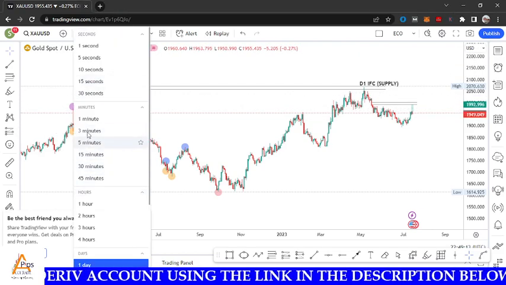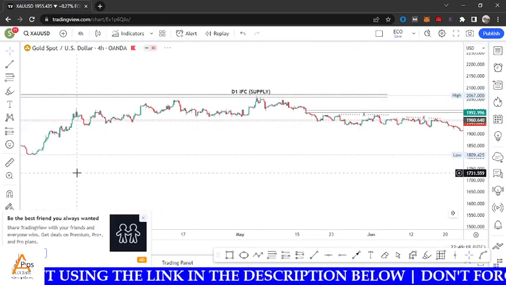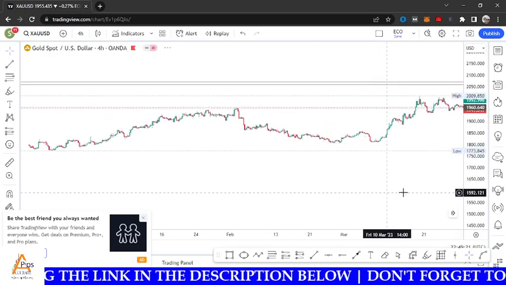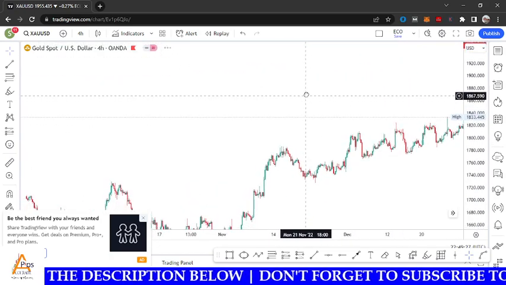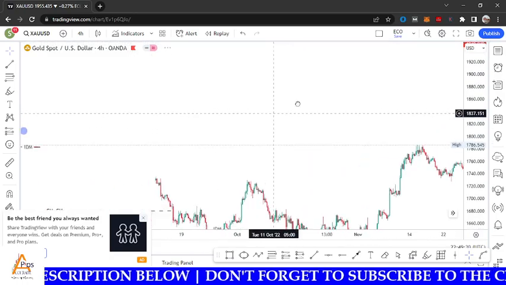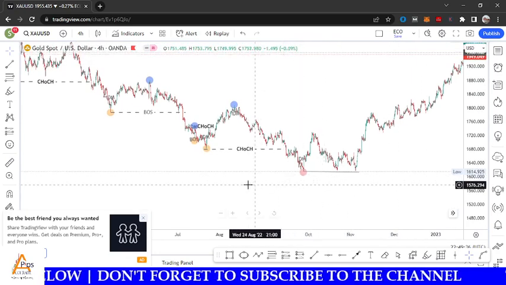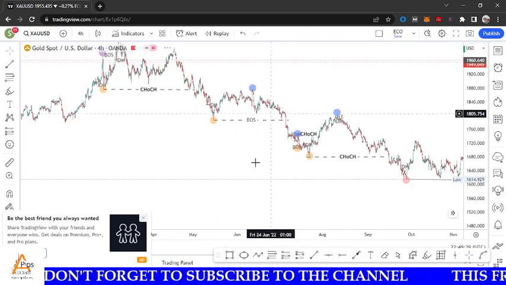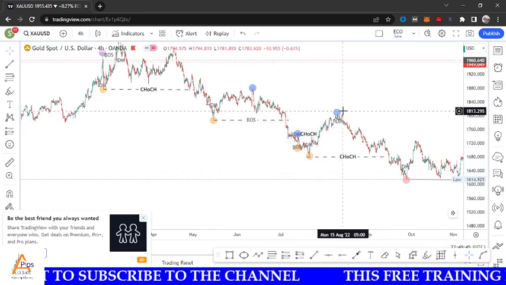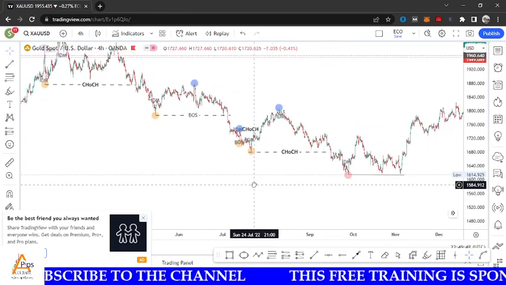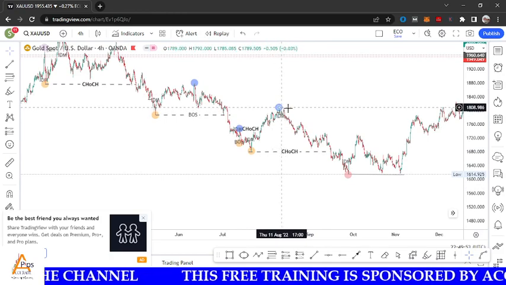Let me change to H4. We saw on the chart last meeting, and he seems to be confused about why we had the CHoCH up and then also the CHoCH down simultaneously. So I was explaining to him that price didn't tap on a zone here. We had a CHoCH here, which means we reversed into bullish structure, and this was our last recent high.